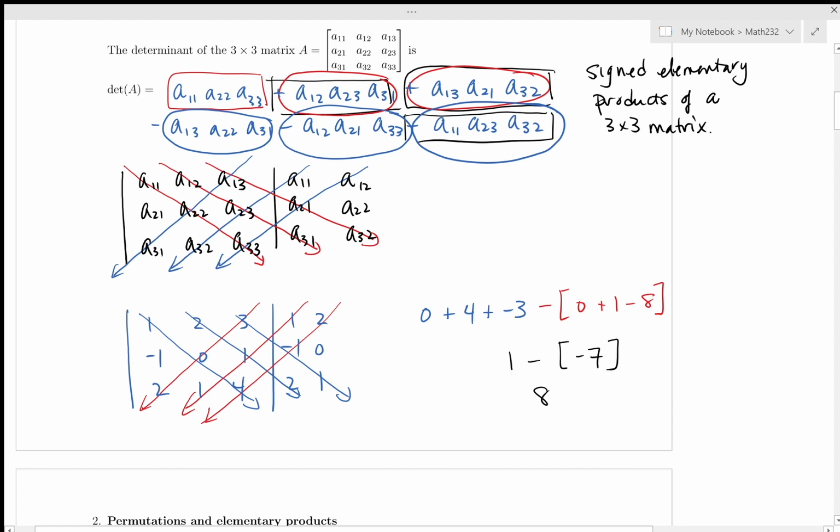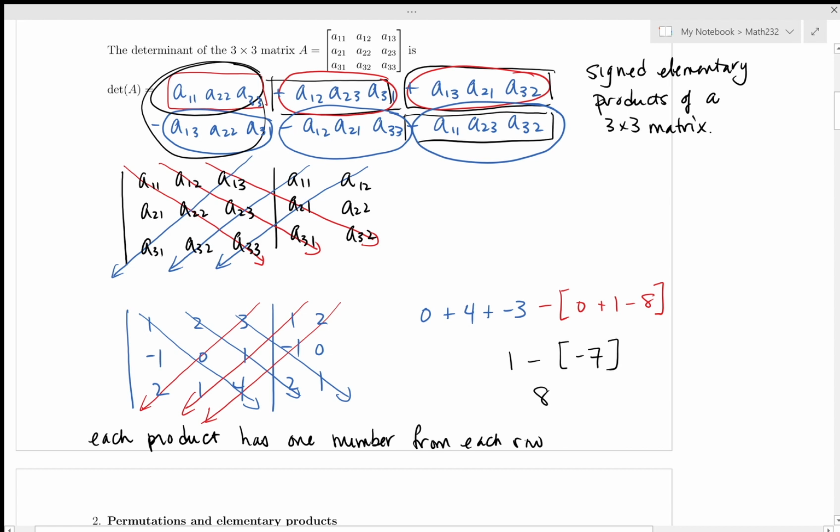Now I want you to just notice something. Each one of these products, there's 6 products, has one number from each row and one number from each column.